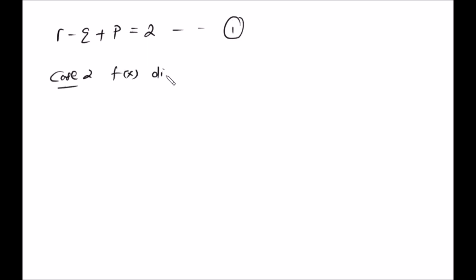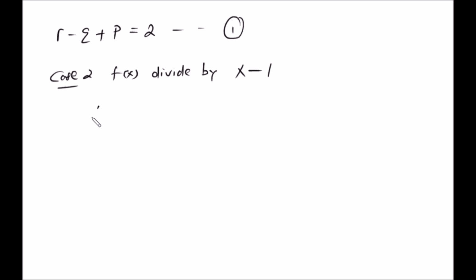Case 2 now. So for case 1 nimeona kwamba r minus q plus p ni sawa na 2. It's my first equation nimesema. So for case 2 now, I'm going to divide f of x, naigawanya na nini sasa? Na x minus 1.